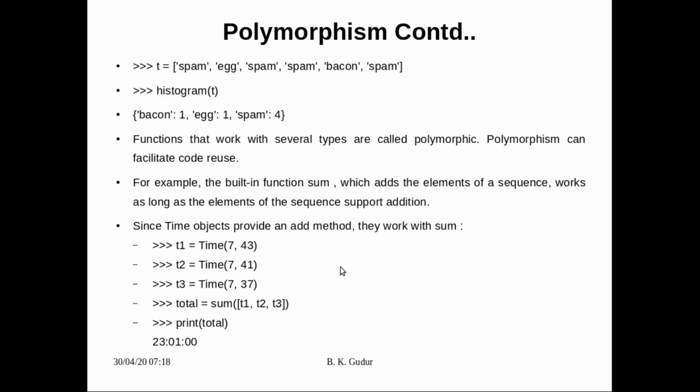So the best kind of polymorphism is the unintentional kind. Dear students, we did not know before this that sum would add t1, t2 and t3, but now, after adding that add method, you can use sum. But remember there should be an add method. So we can now use sum to add time objects.